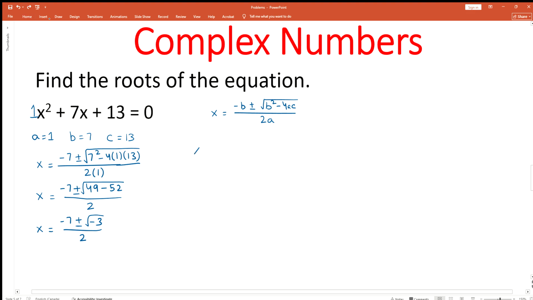We can break up negative 3 as 3 times negative 1 under the square root. As you may know, i squared is equal to negative 1. So in order to find the complex or the imaginary roots of this equation, we should replace negative 1 with i squared.